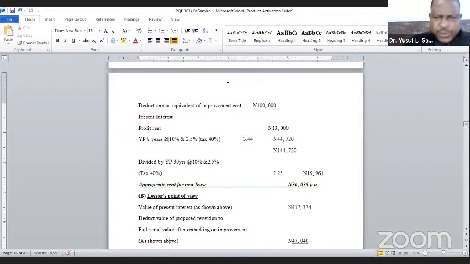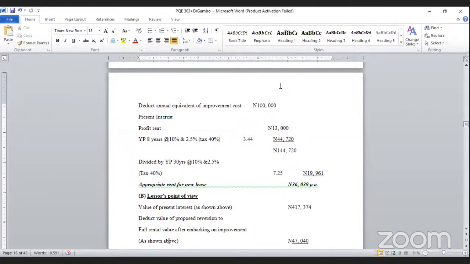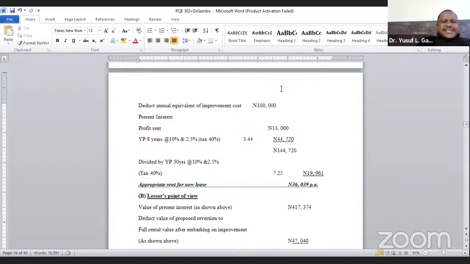So now divide YP 30 years by this. When you divide this one by this, you have this, multiply this. So appropriate rent for the new lease is 36,039 naira. That is that.